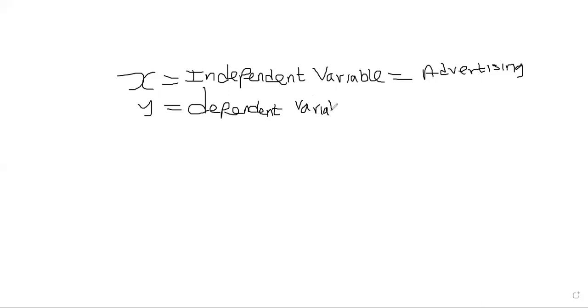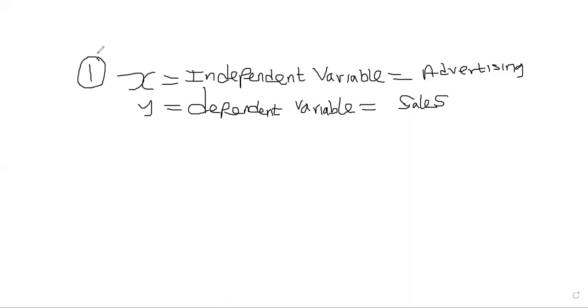This could have come even if you were doing quantitative methods, which is QM. This comes under a topic called regression and correlation analysis.